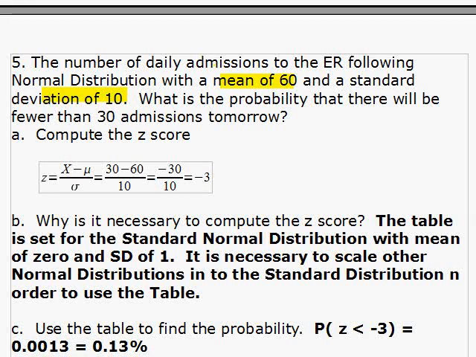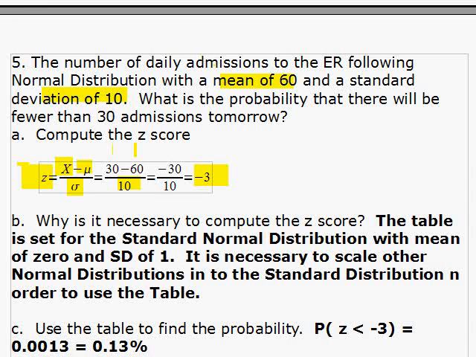Remember, that is given to you in the reference section. So z is the value you want minus the mean of the distribution divided by its standard deviation. In this case, it's 30, because you want to know if there will be less than 30 admissions tomorrow. So you need to find 30 minus the mean. The mean is 60, divided by the standard deviation of 10, and you get a z-score of minus 3.